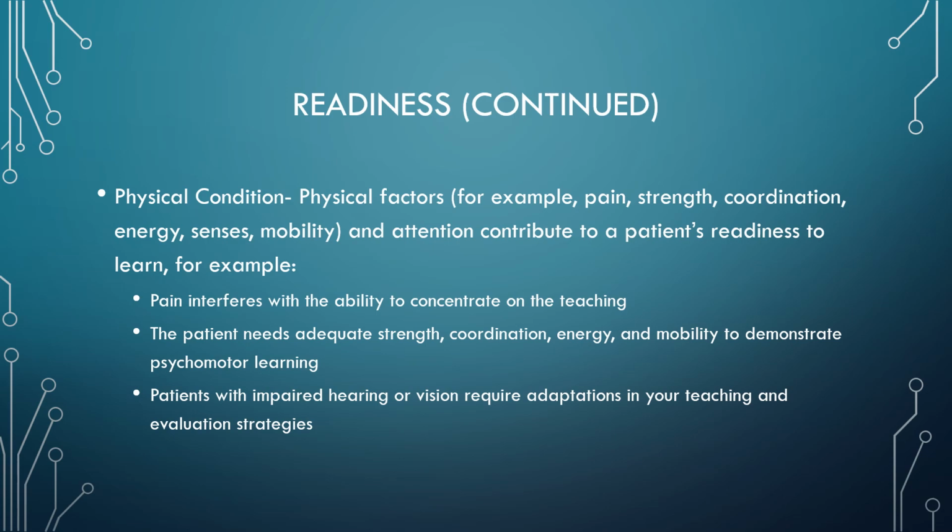The patient needs adequate strength, coordination, energy, and mobility to demonstrate psychomotor learning. And then patients with impaired hearing or vision will require adaptations to your teaching and evaluation strategies.